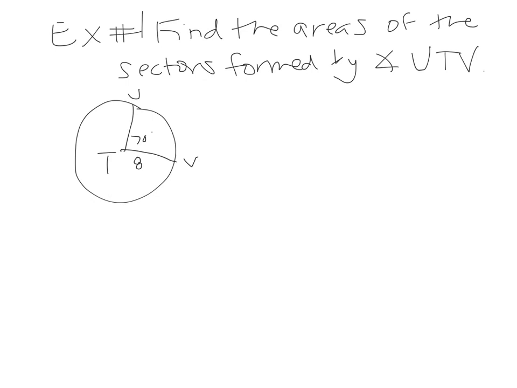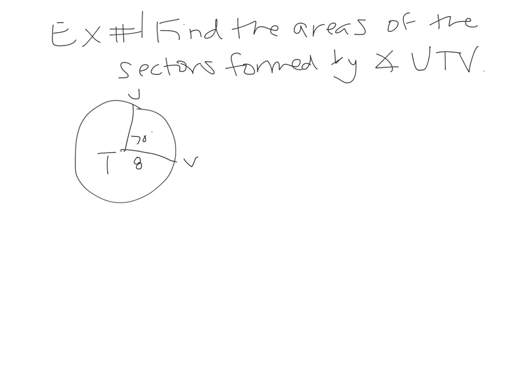Okay, so you should already have an answer on your paper, and now follow along with what I'm doing on the screen. So the ratio that I want is, I'm going to aim for the small sector first, the UTV, the one that involves the 70-degree angle.